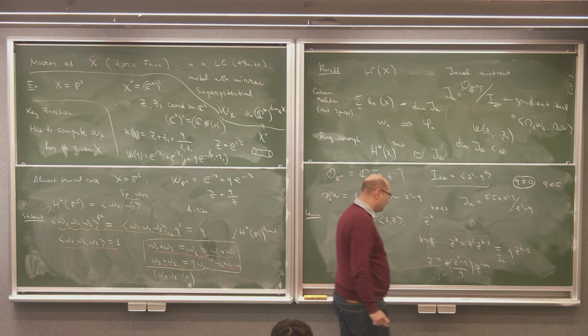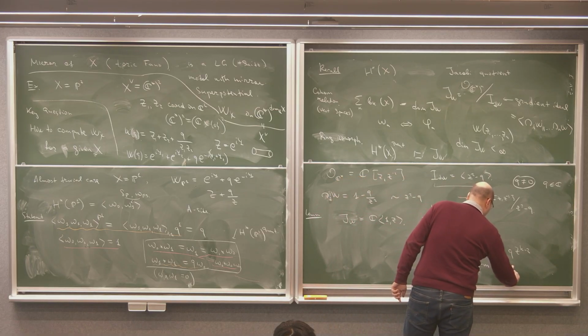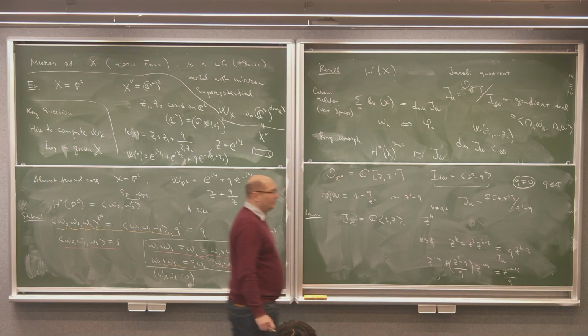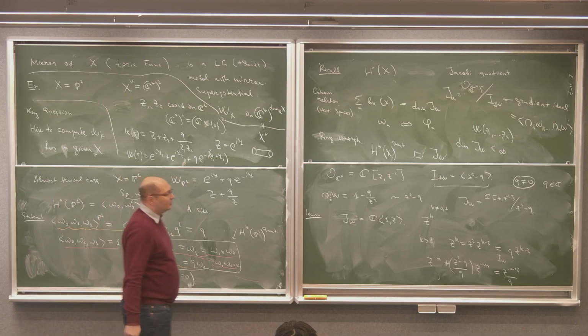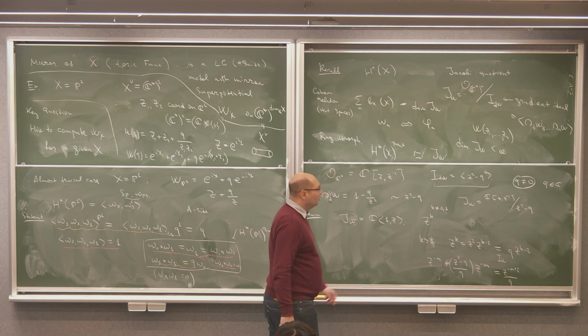Once again, by this trick I get z to the minus m plus 2 divided by q, and then I can repeat this procedure to turn any negative power into 0 or 1.